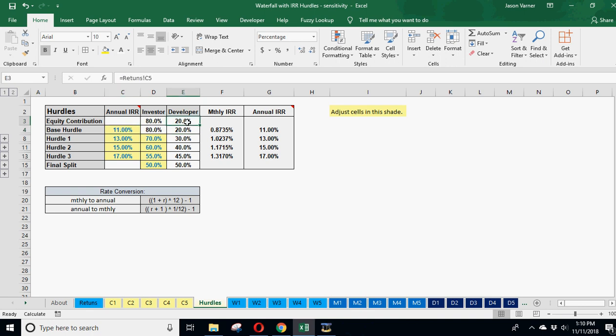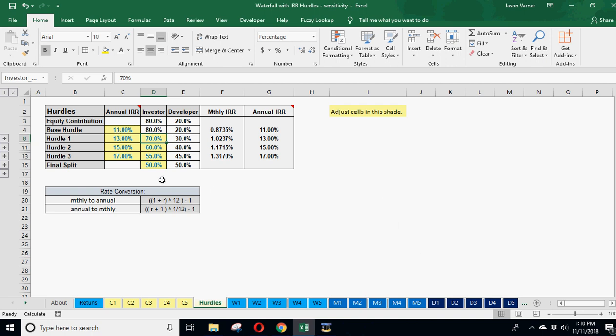So it's to align incentives and provide some kind of carrot for the developer to try to do a better job on getting the maximum amount of cash flows to the investors. And the investors are saying, okay, if you do that, if you get me more money, I'm willing to give up some of the profits to incentivize you to get more for all of us. So that's the general structure of this.